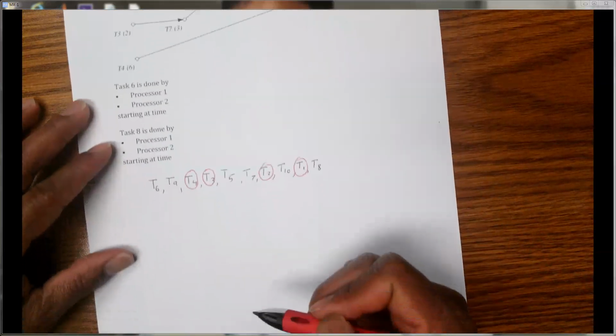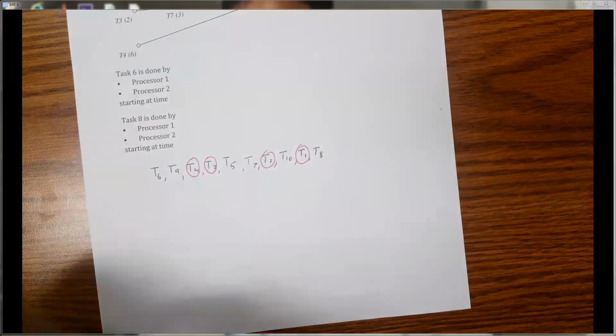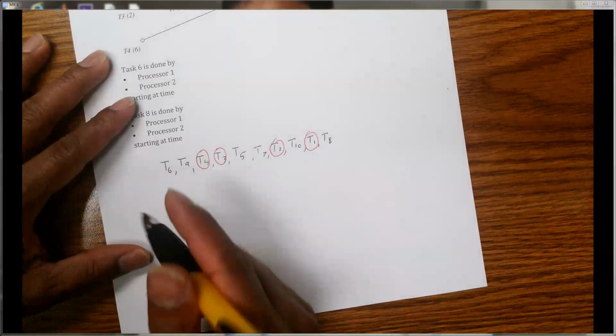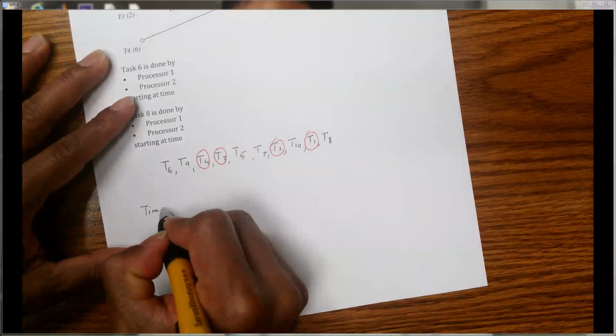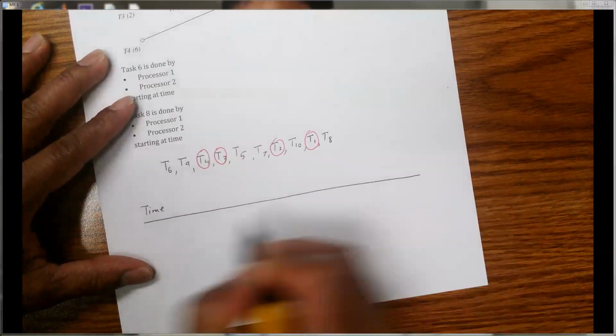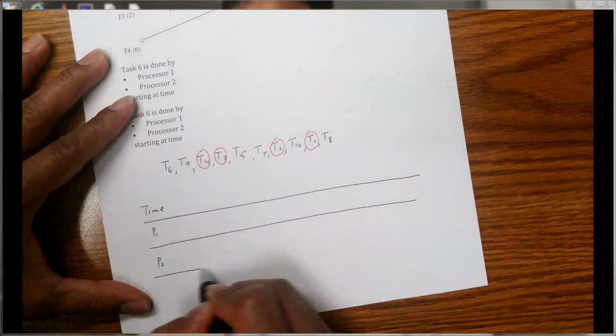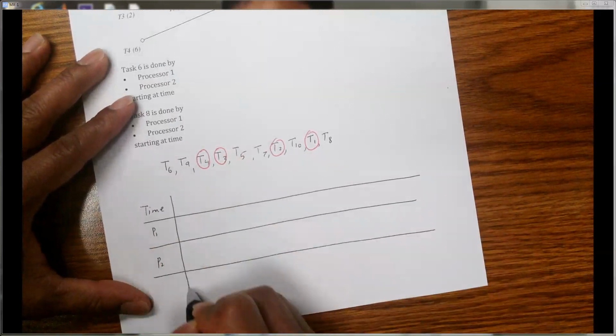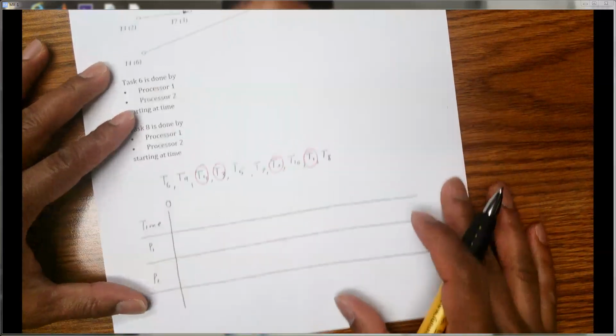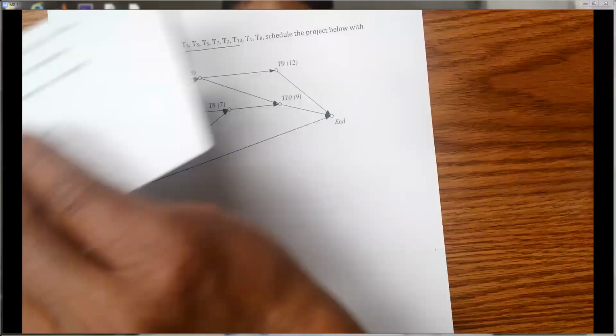And now, schedule means we have to draw a time scale with the processors. Processor 1, processor 2. In this problem, we are asked to use 2 processors.